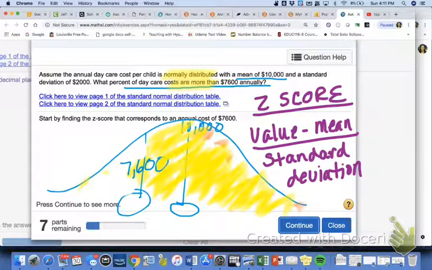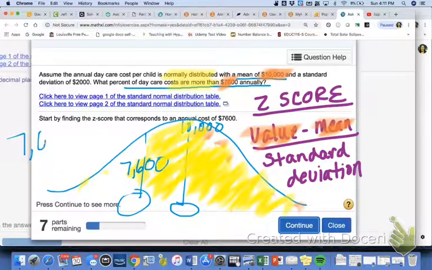So the first thing I'm going to do is take the value. And again, the value we're talking about is 7,600. And I'm going to subtract the mean. So I'm going to do 7,600 and take away 10,000.